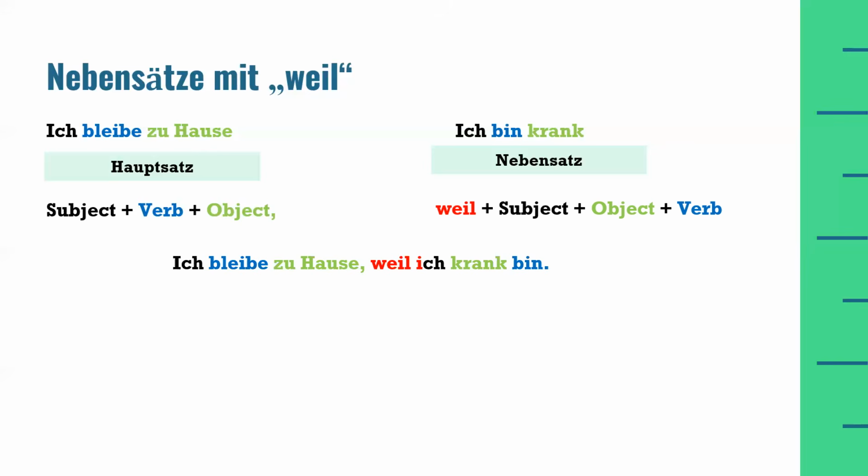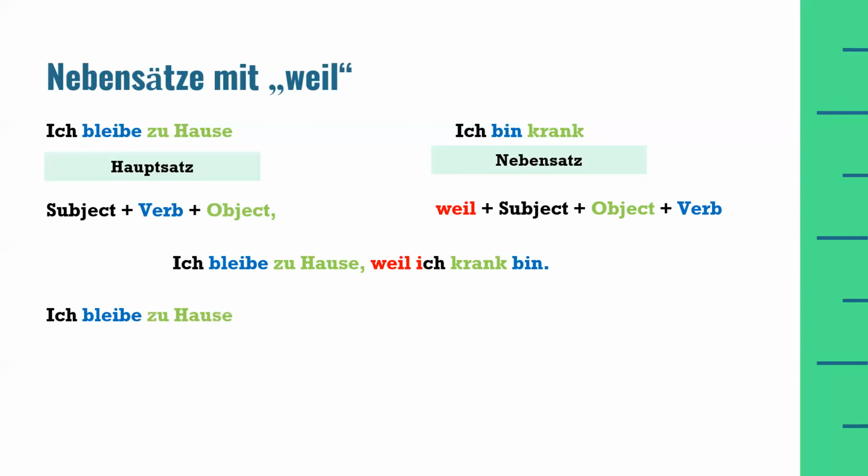Now, if you say weil ich bin krank, there are even Germans who say it like this, but this will be a grammatically wrong sentence. So the correct sentence will be weil ich krank bin. This is a transformation that will take time for you even. So you have to practice a lot so that you get used to it.